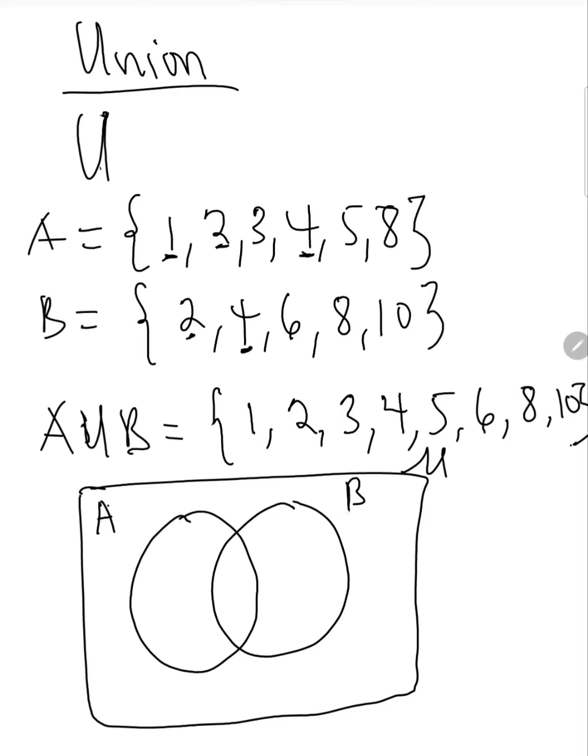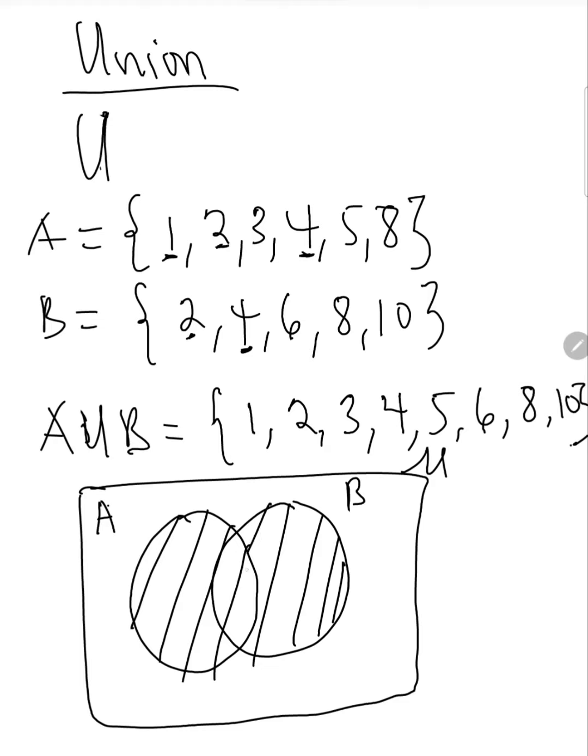The set B. Now to find the union of both sets, the union of both sets becomes what? The shaded portion. What it means is that we are looking at elements in either A or B or both A and B, which at the end of the day is going to represent the shaded portion. So that's for the union.